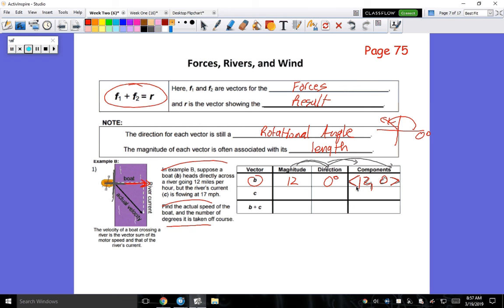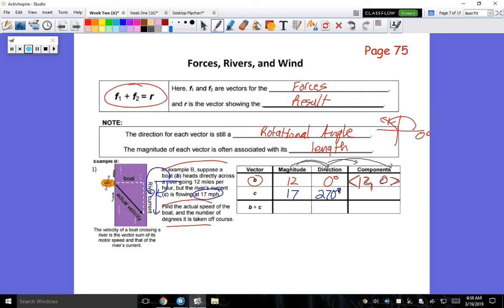Okay, C. C is the current of the river. Okay, so the current of the river is traveling, and you can see it with these arrows, it's traveling downward, and the current, it says, is flowing at 17 miles an hour. Okay? So if it's flowing at 17 miles an hour, and that's the magnitude of it, the direction is going to be at this negative 90. Or if you wanted to, you could put 270. Either one, let's go ahead and put 270.